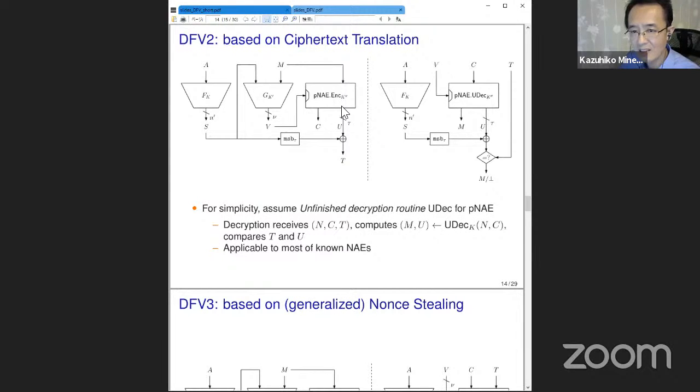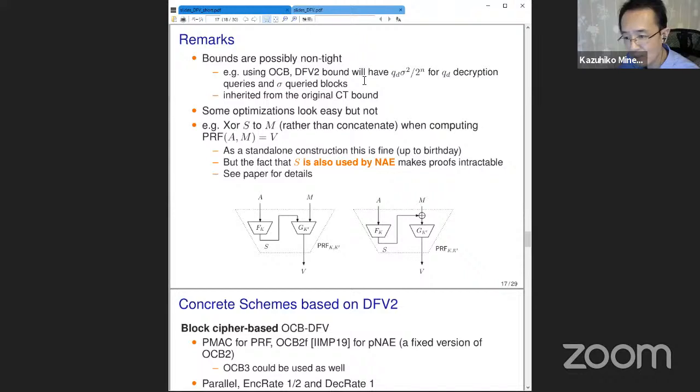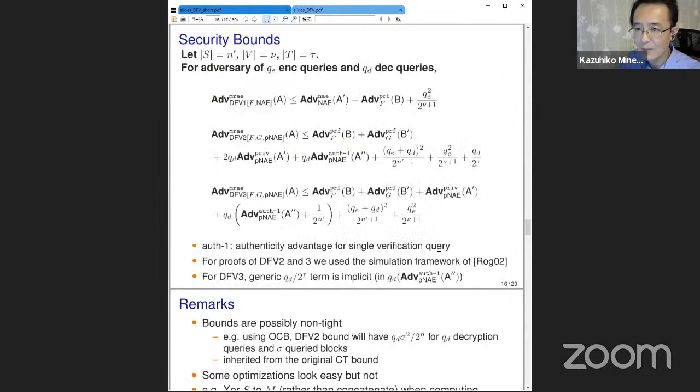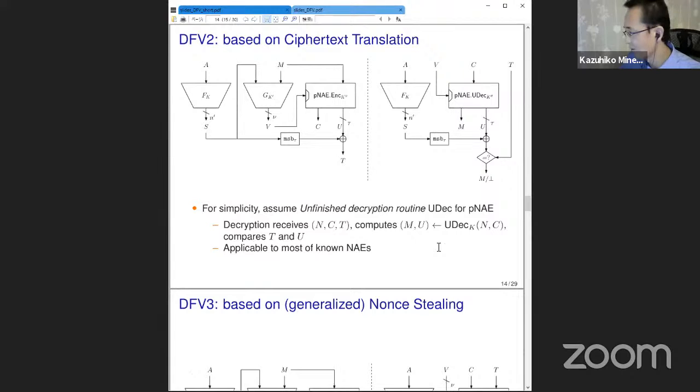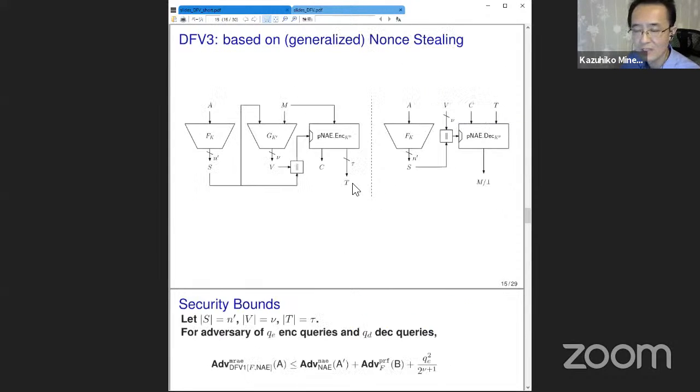For example, using this PRF, an XOR of the plaintext here instead of a concatenation would make the proof of DFB2 intractable, because this S value is involved in two parts, this part and this part here. I'm not sure whether such an optimization works for DFB3, but it's an interesting question anyway.